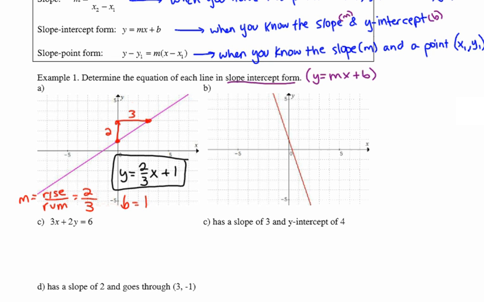So there's your equation. Okay? Y equals 2/3 x plus 1. B is for y-intercept, and that's just where the graph crosses the y-axis.